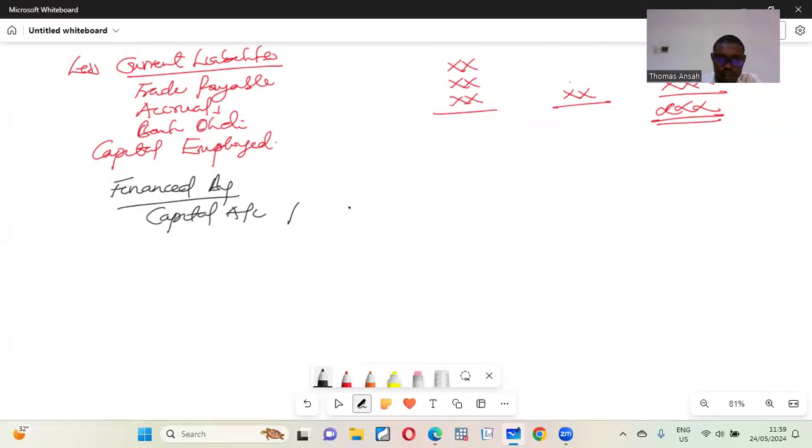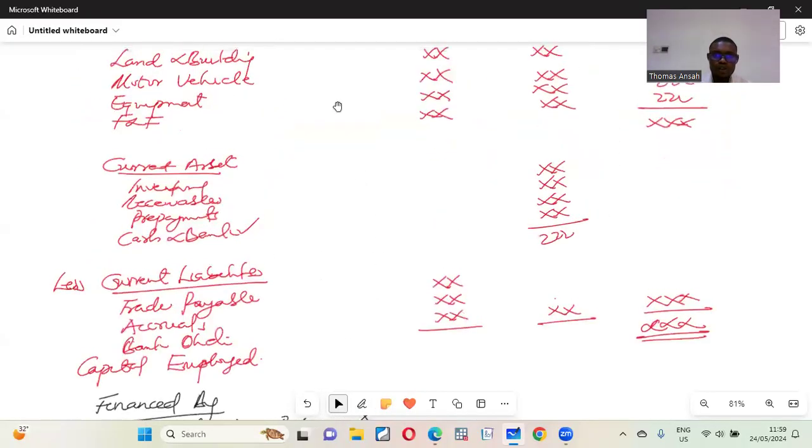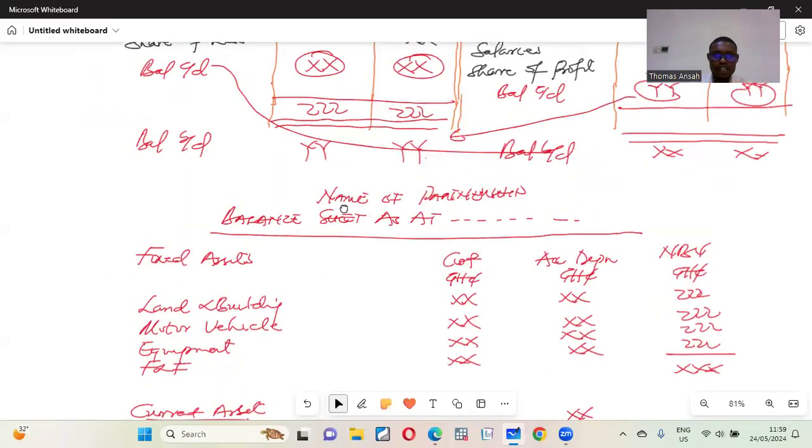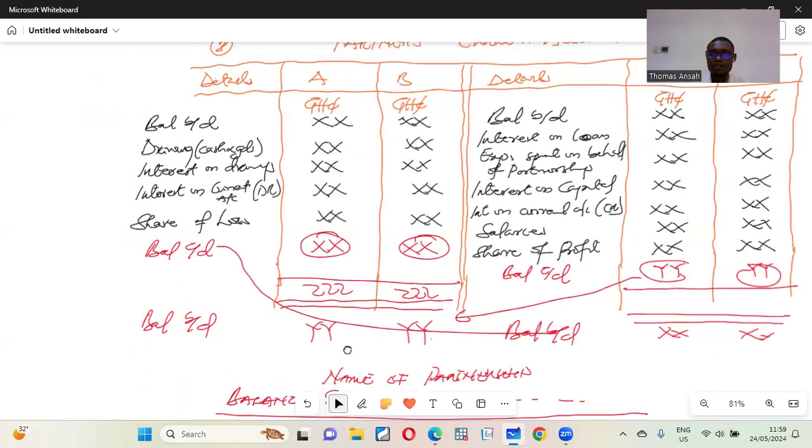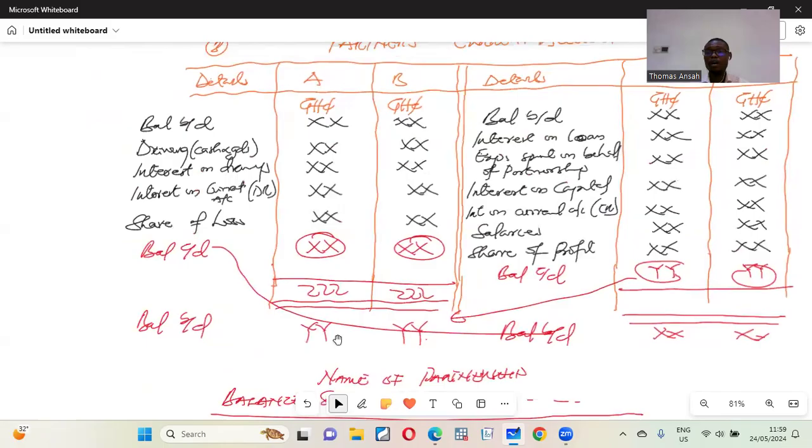So partner A, B. All right, so let's go back a little and let me show you something. Like we said about the fluctuating, assuming we are supposed to prepare a fluctuating account, which means that we need to combine the capital account and the current account together. This balance you have here will be your capital account plus your current account balances. The same thing happens here. So that is the only thing.